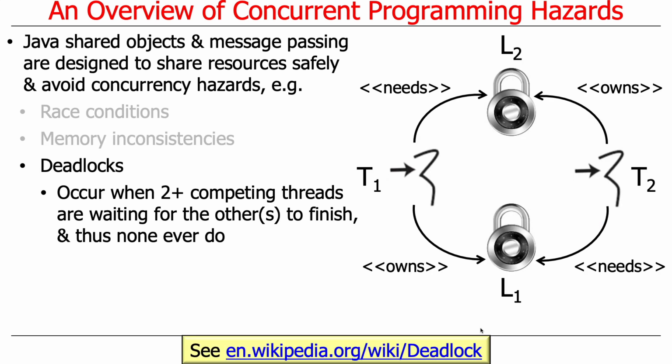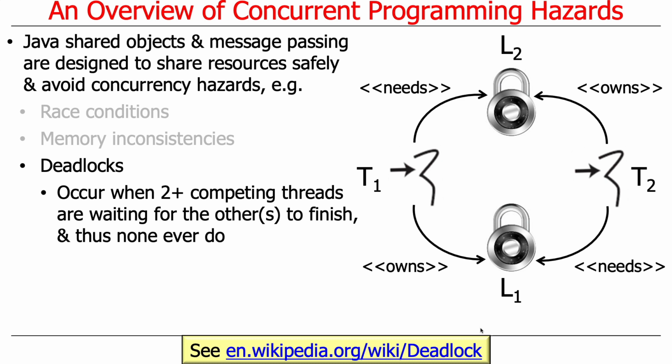Another nasty problem you don't want to have to deal with is deadlock, which occurs when two threads are competing for resources and they both wait for the other to finish, but neither one will release what they have. So here's an example. It's also sometimes called the deadly embrace or circular wait. So we have two threads, thread T1 and thread T2, and we'll say for sake of argument that thread T1 owns lock L1 and thread T2 owns lock L2, and thread T1 wants or needs L2 and thread T2 wants or needs L1.